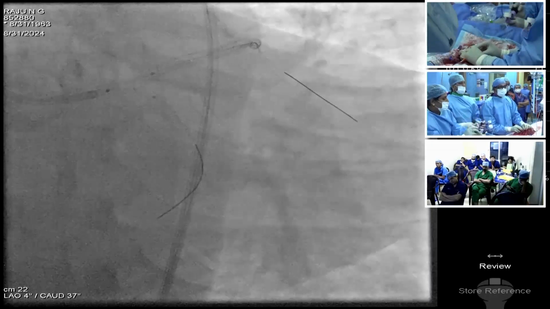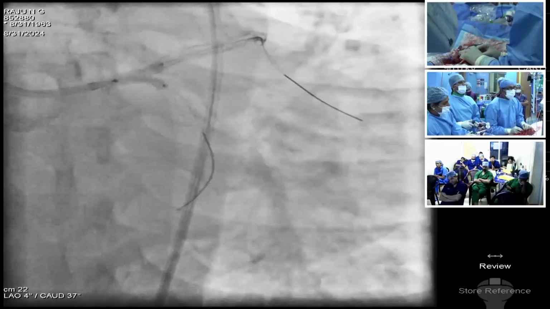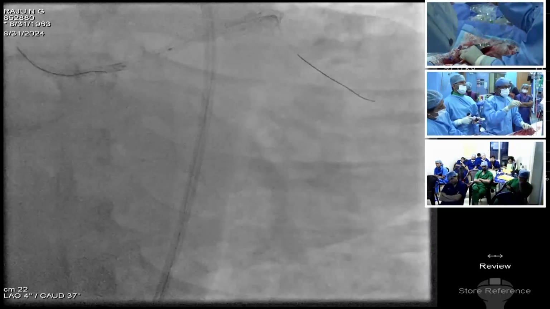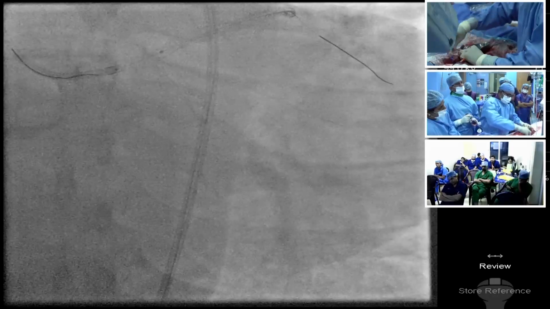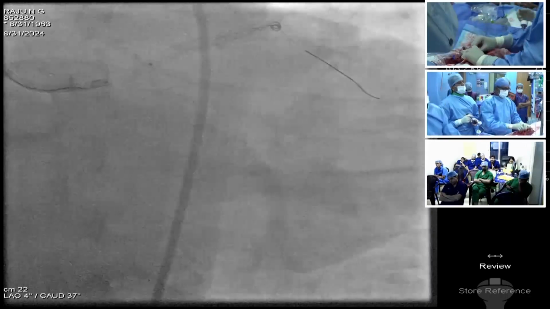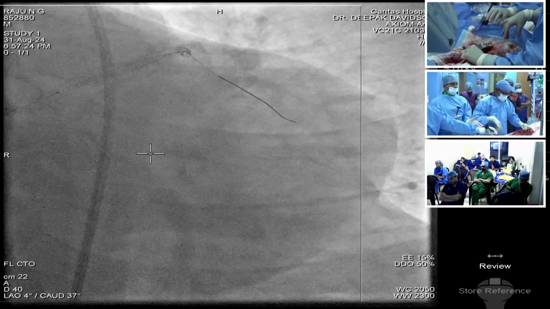Now we'll go both together at 8 and 10, 8 and 10, negative. Now the 4.5 balloon. 4.5 balloon.